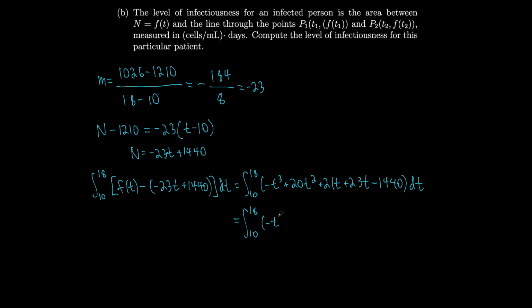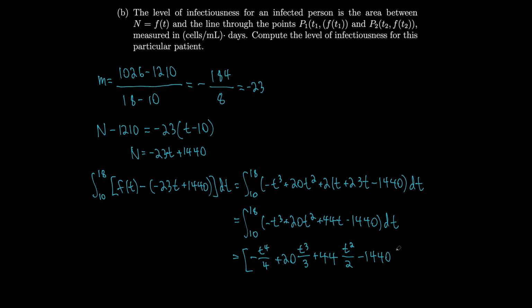We get minus t cubed plus 20t squared plus 44t minus 1440 dt. We can now take our antiderivatives. We get minus t to the 4th over 4 plus 20t cubed over 3 plus 44t squared over 2 minus 1440t from 10 to 18.